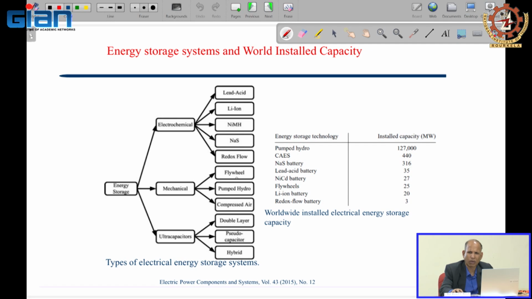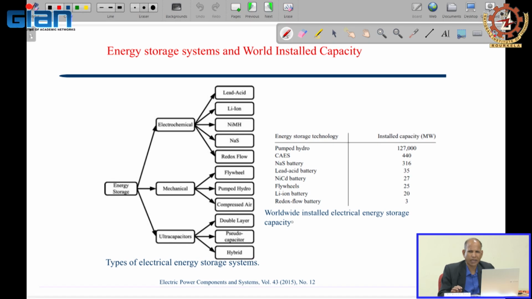Mechanical, in terms of flywheel, pumped hydro storage, compressed air. Then capacitor-based: supercapacitors, superconducting magnetic energy storage. So, you can have several options available.